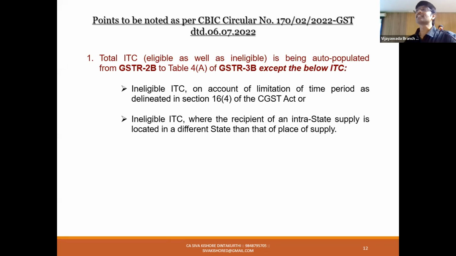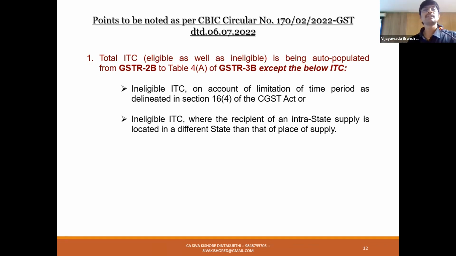But there are instances where the invoices are reflected in 2B but the goods are not received, or payment is not made within 180 days. So what you are required to do is, in 2B 100 invoices are there. 100 invoices are routed to 4A5. Out of 100 invoices, please listen carefully, 98 invoices are matching.